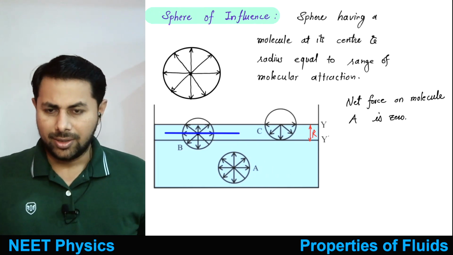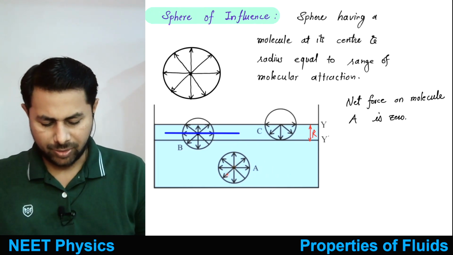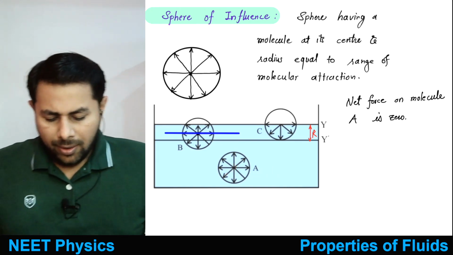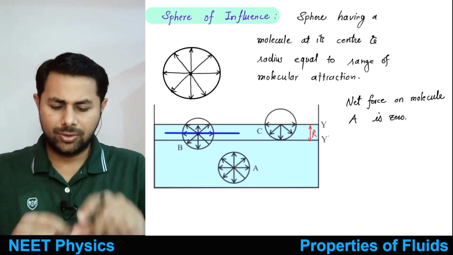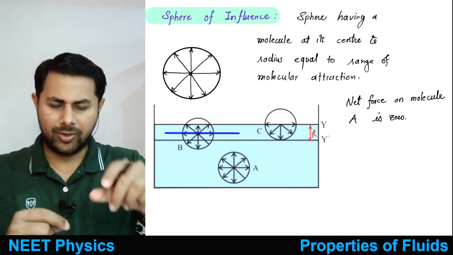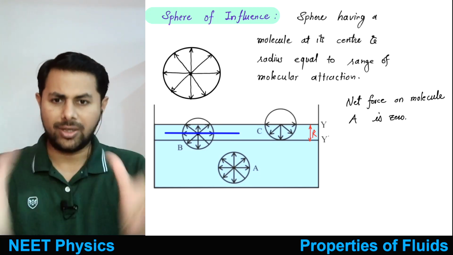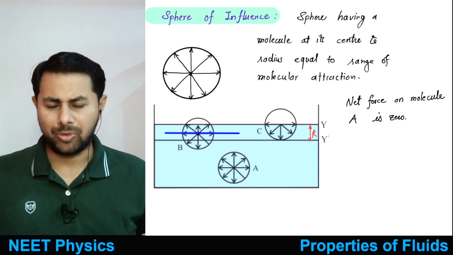Now if you consider any molecule, and you take a radius equal to the range of molecular attraction and draw a sphere, then that sphere is known as the sphere of influence.